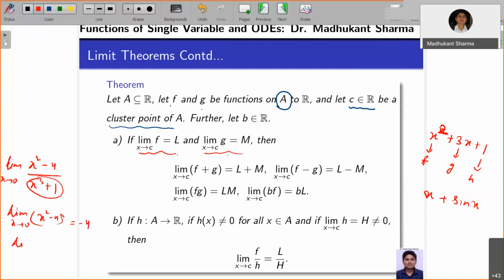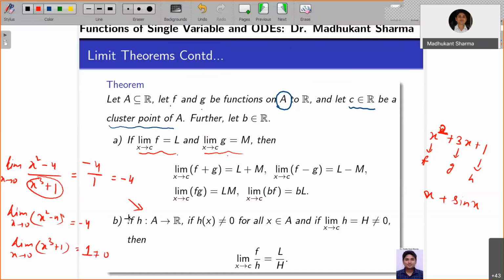Similarly, the limit as x tends to 0 of x cubed plus 1 is equal to 1, which is non-zero, and the denominator is also non-zero for any x in A. So this is going to be minus 4 by 1, that is minus 4, by referring to this result.